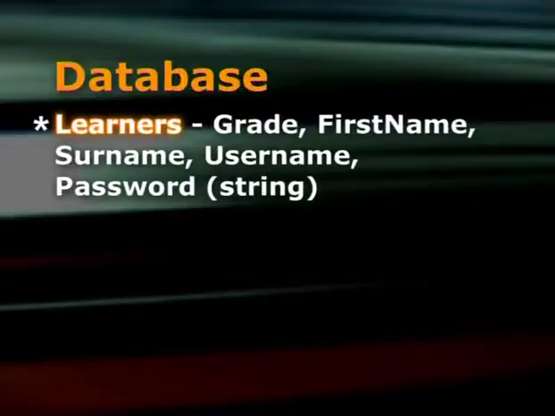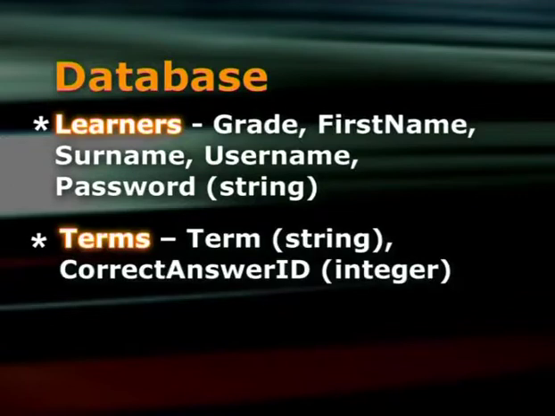We identified that our database would have to include information on learners, which is the name of the table, containing grade, first name, surname, username, and password. They will all be of the data type string. We'd also have to store terms, of which term is a string, and correct answer ID, which is an integer.